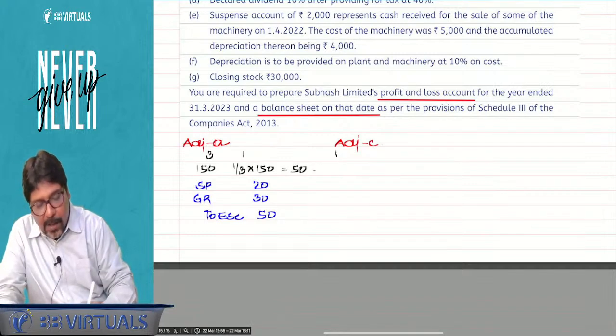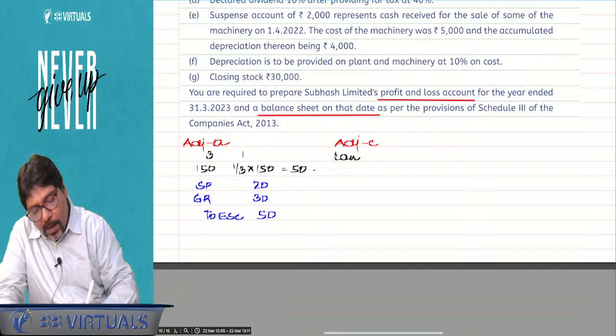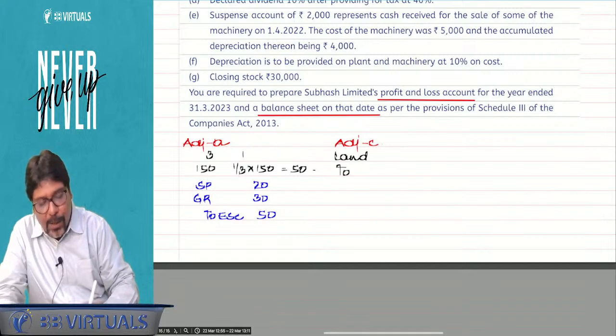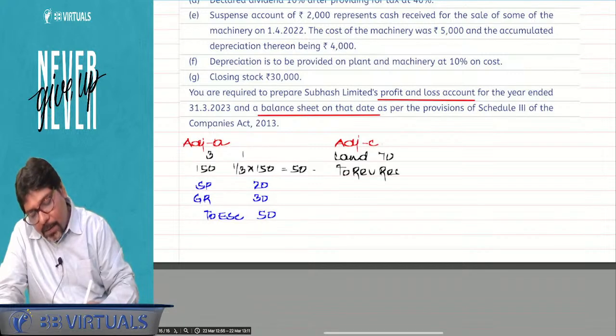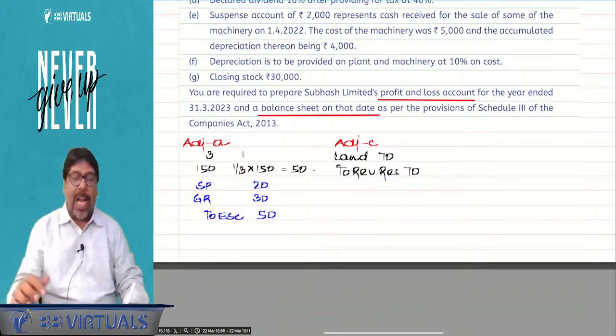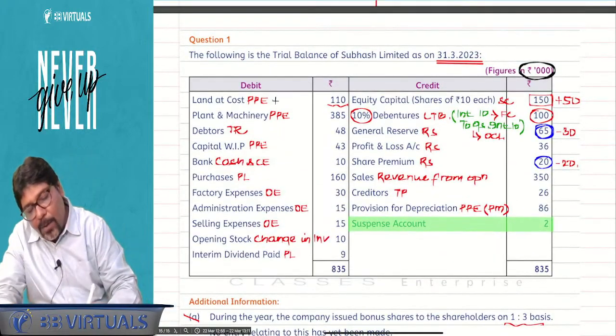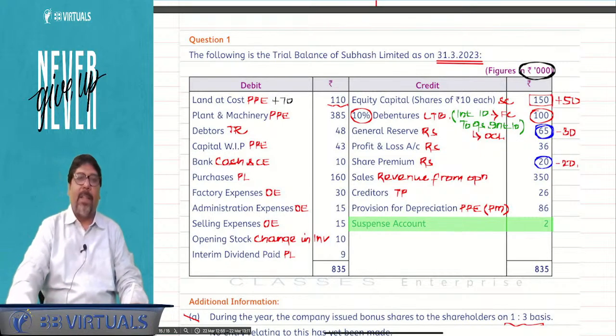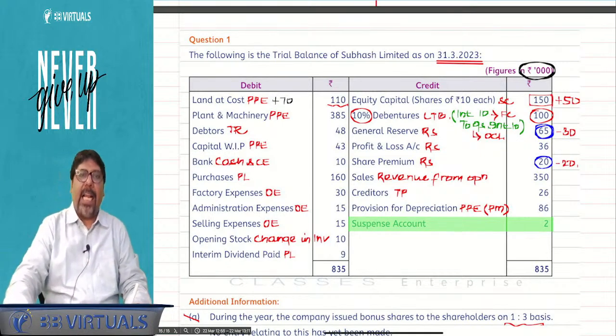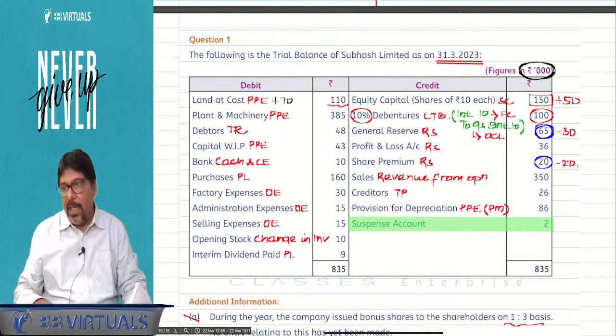The journal entry will become: Land to Revaluation Reserve 70. So land will increase by 70. Beside land, I wrote plus 70.